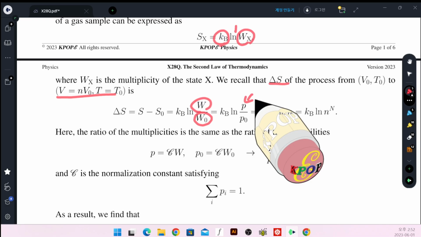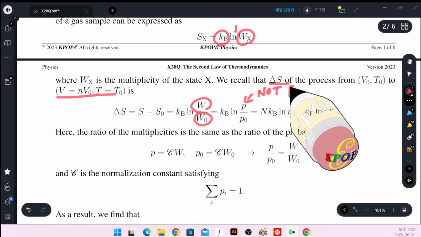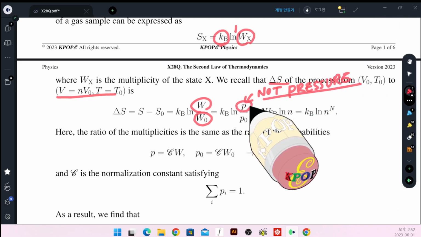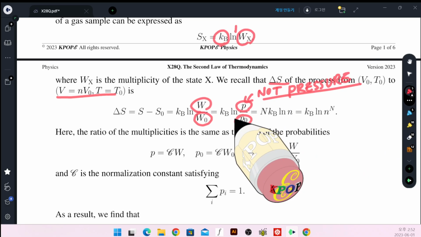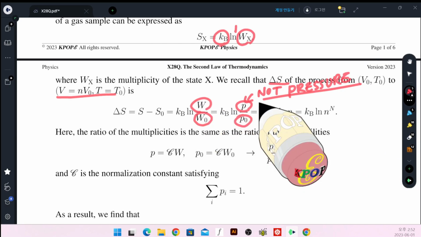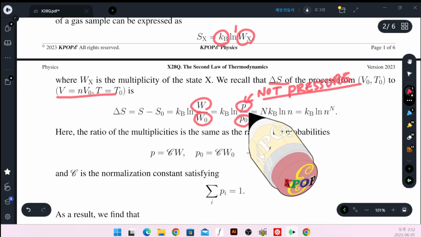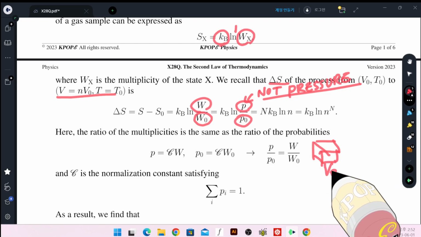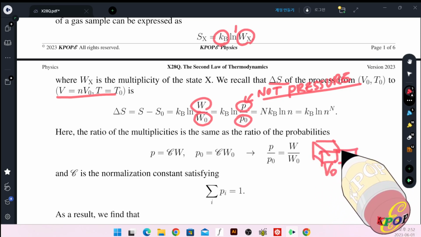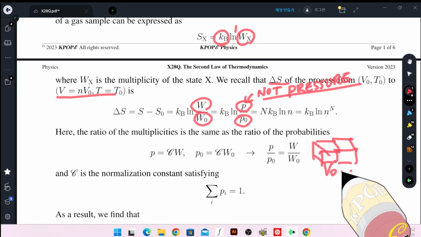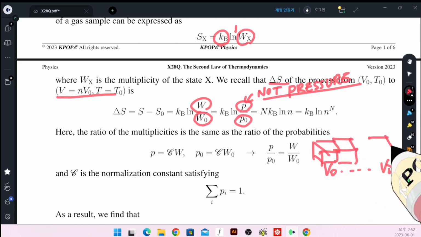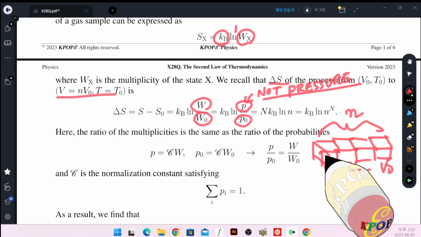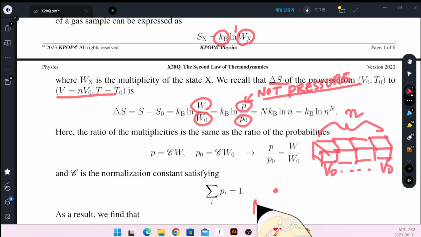Here, this is not pressure. It is probability. So probability is proportional to the multiplicity. What we can find is, why don't you choose V0 as the volume of a single beam: the initial state has only a single beam, and in the final state we have n identical beams, n partitions, and we have capital N molecules.